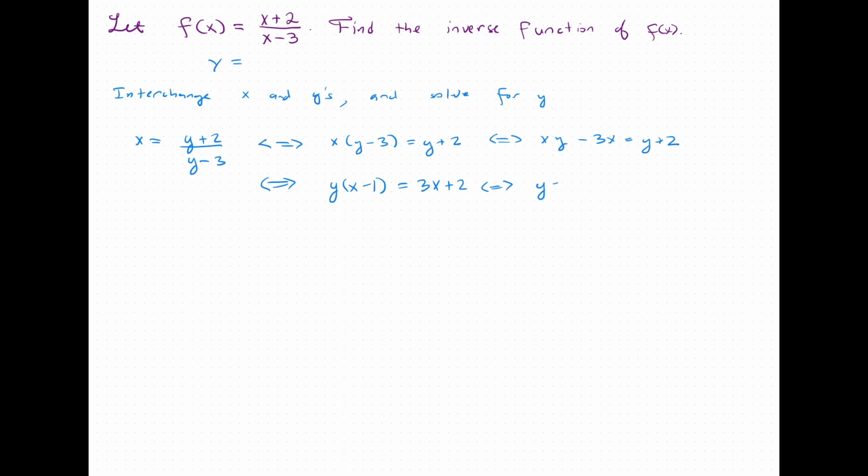And now we have y equals 3x plus 2 over x minus 1. And from our work in algebra and calculus, we will conclude that f inverse of x is equal to 3x plus 2 over x minus 1.